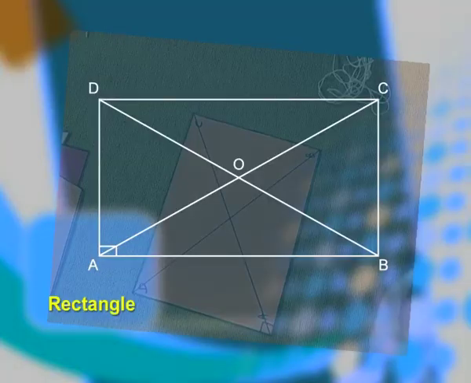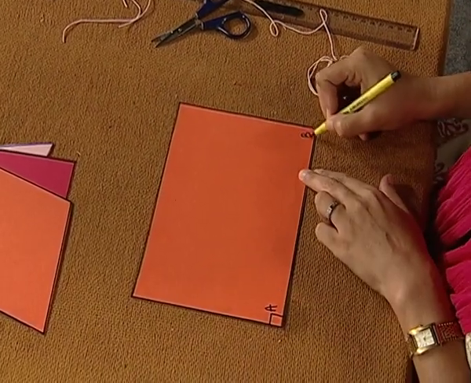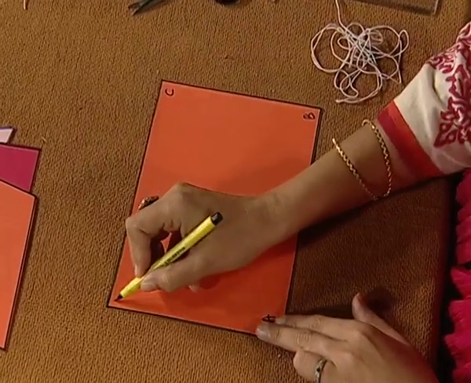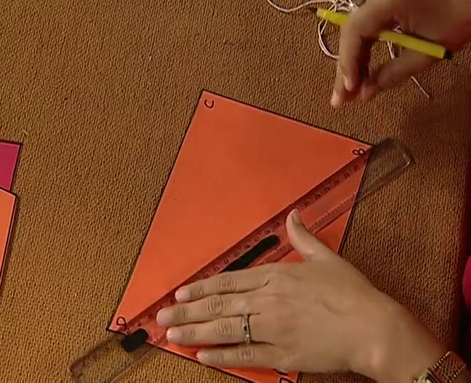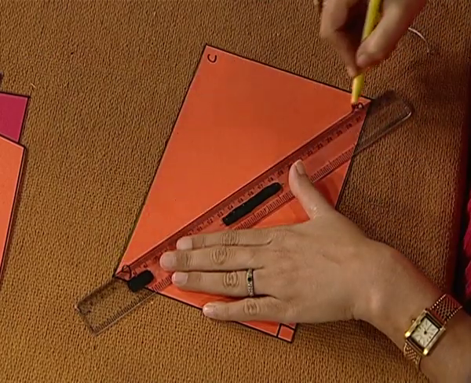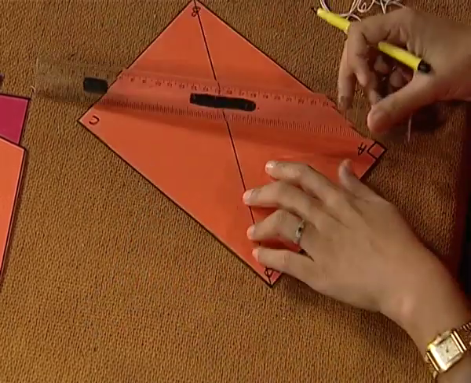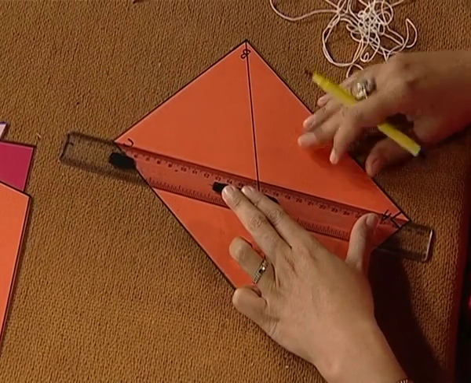Now, we will verify the properties of diagonals of a rectangle. We have with us a rectangle A, B, C, D. We will draw the diagonals by joining the opposite vertices, that is B and D. It is the first diagonal, and the second diagonal is AC.